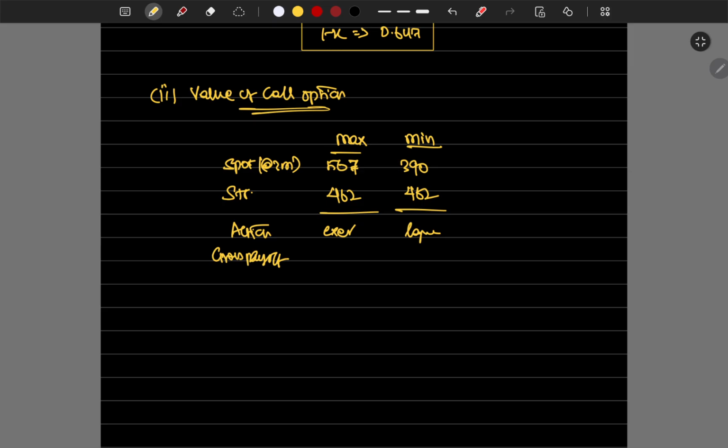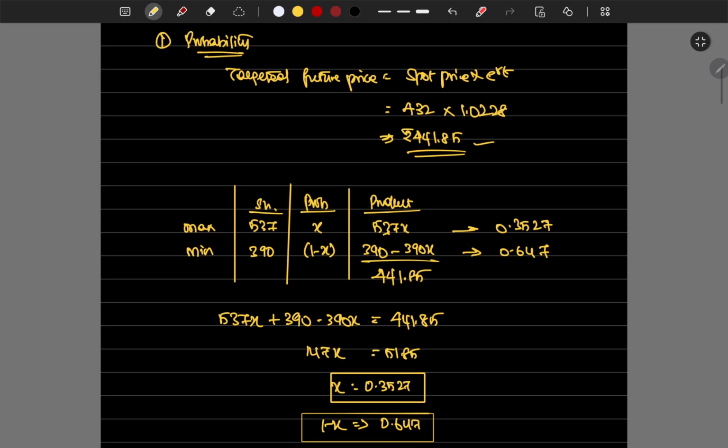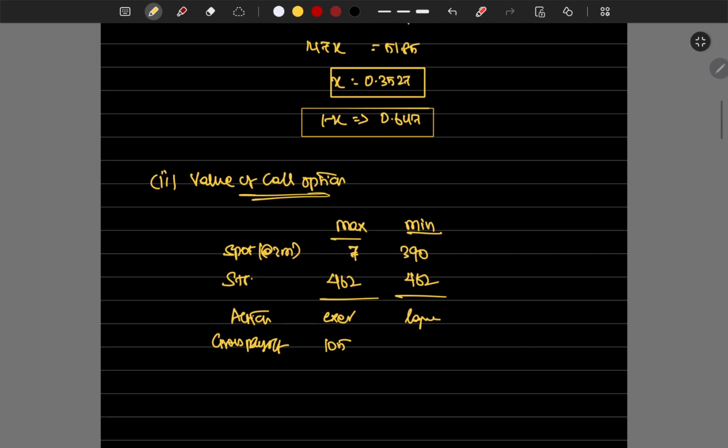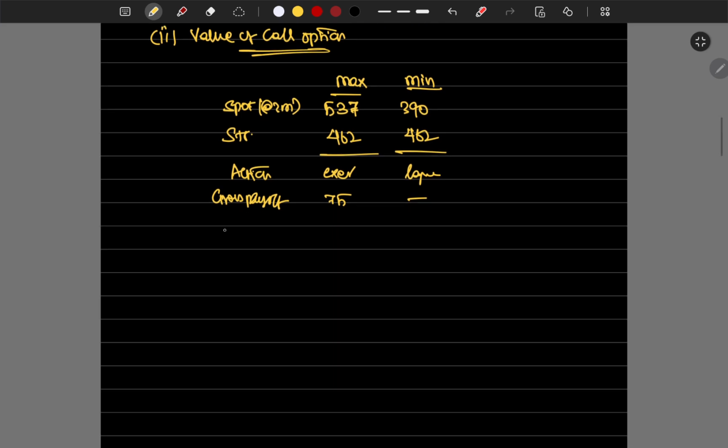What's the gross payoff here? Gross payoff is 567 minus 462, which is 105. Okay, we have put a wrong value here. 537 minus 462, which is 75, is the gross payoff. Lapse, no payoff will we get.